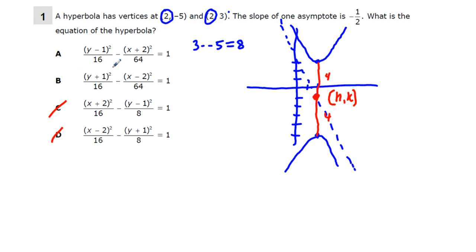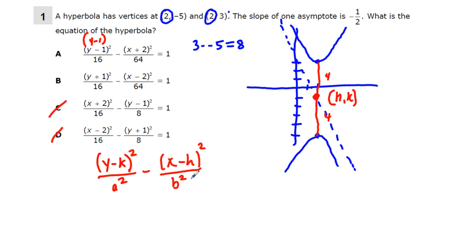Now, for the other answer choices, we've got (h, k). The standard form is going to be (y minus k) squared over a squared minus (x minus h) squared over b squared, and that would be equal to 1.